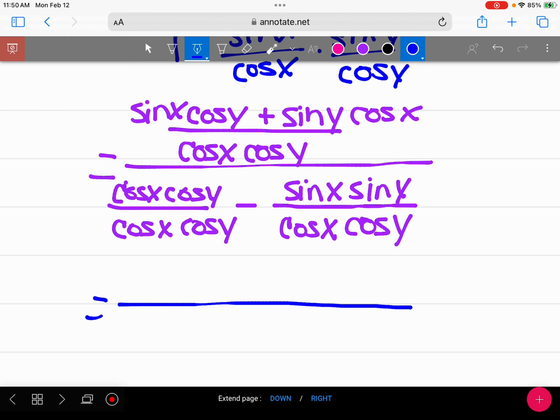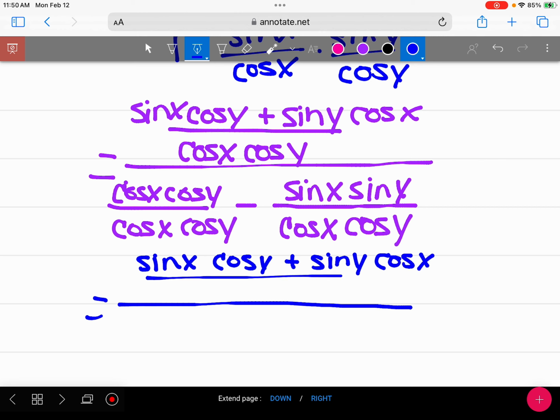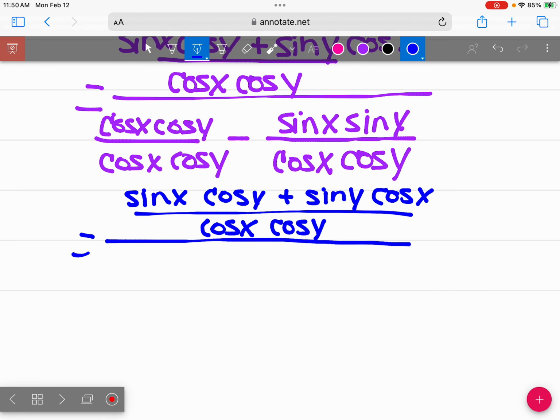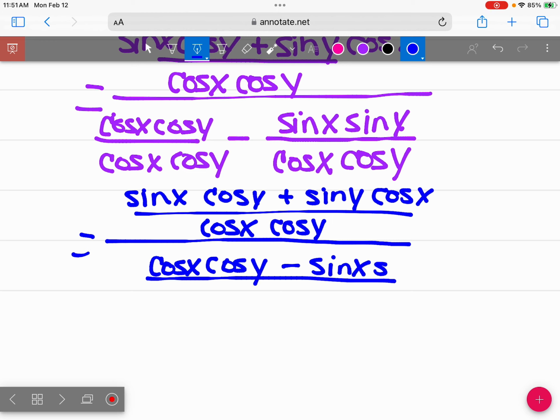So let's simplify everything. My numerator is going to be as it is: sine x cosine y plus sine y cosine x over cosine x cosine y, and the denominator is cosine x cosine y minus sine x sine y over cosine of x cosine of y.